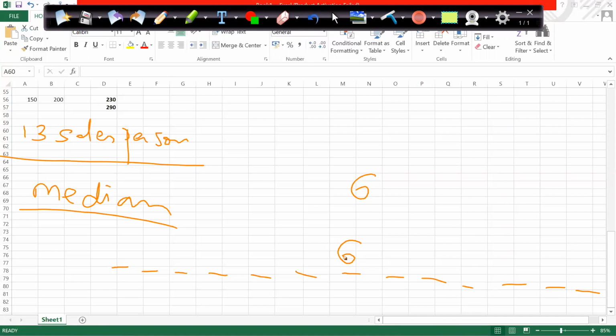Range is nothing but maximum value minus minimum value, and my range is 4. That means this is my minimum value and this is my maximum value, and maximum minus minimum is 4.